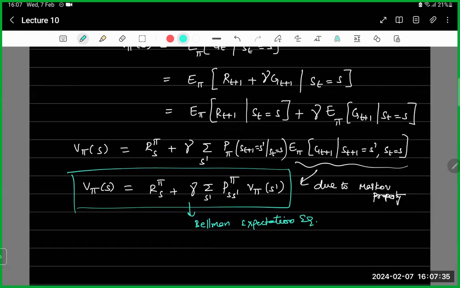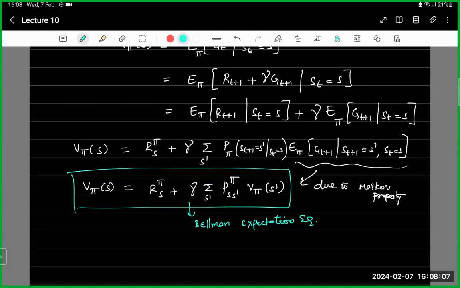If you have some number of states, these are linear equations, right? Because all that you are doing is some multiplications and additions. So how many unknowns are there? What is our aim? To find v pi of s, right? You know the dynamics of the MDP.